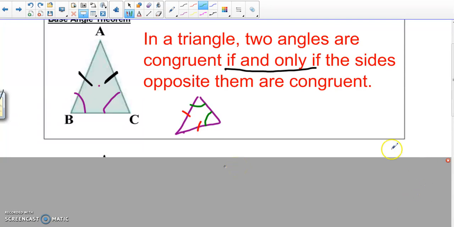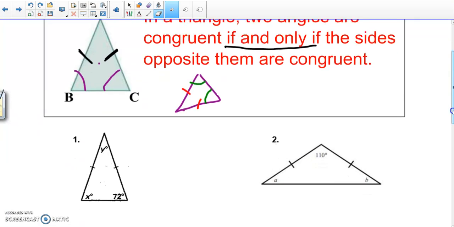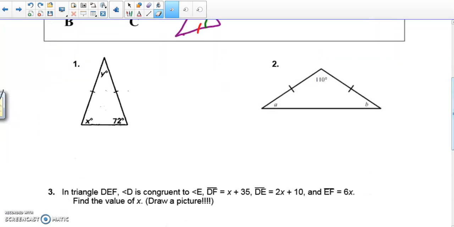So it's not always going to be drawn like a perfect straight up and down isosceles triangle. So you have to be really thoughtful about where the congruent sides and the congruent angles are. But the important thing is that we realize that the sides opposite the congruent angles are congruent.